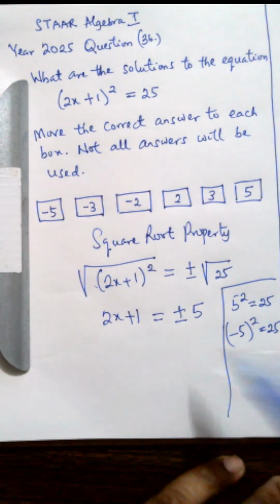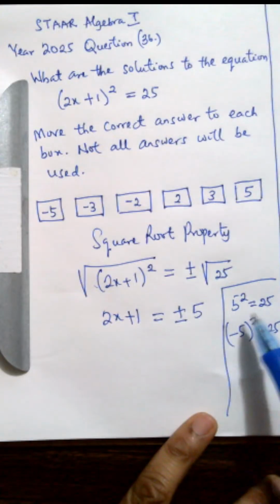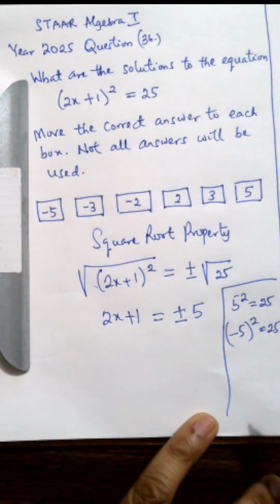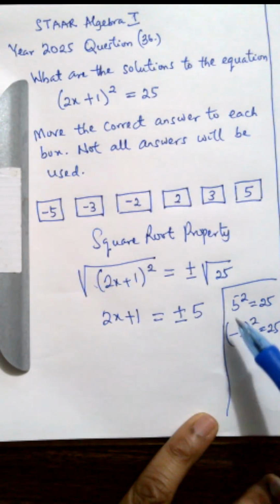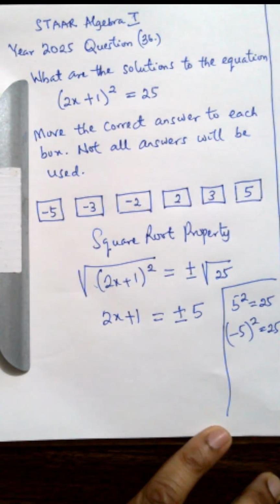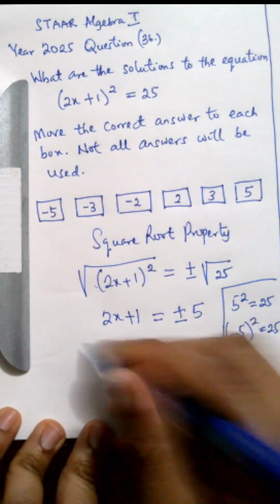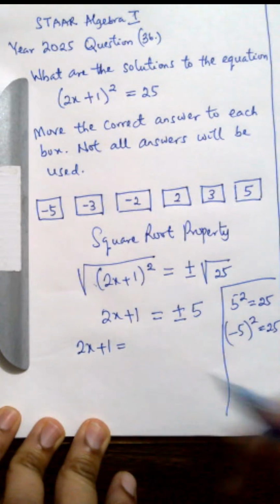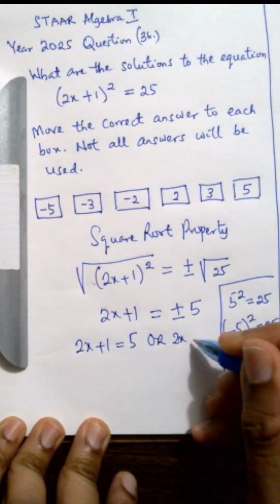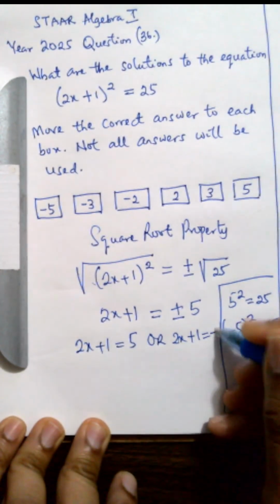So the positive or principal square root of 25 is 5, and the negative square root of 25 is negative 5. So when we are taking the square root on the right-hand side, we have to consider both the positive and the negative square root. So this means that 2x plus 1 is 5, or 2x plus 1 is negative 5.